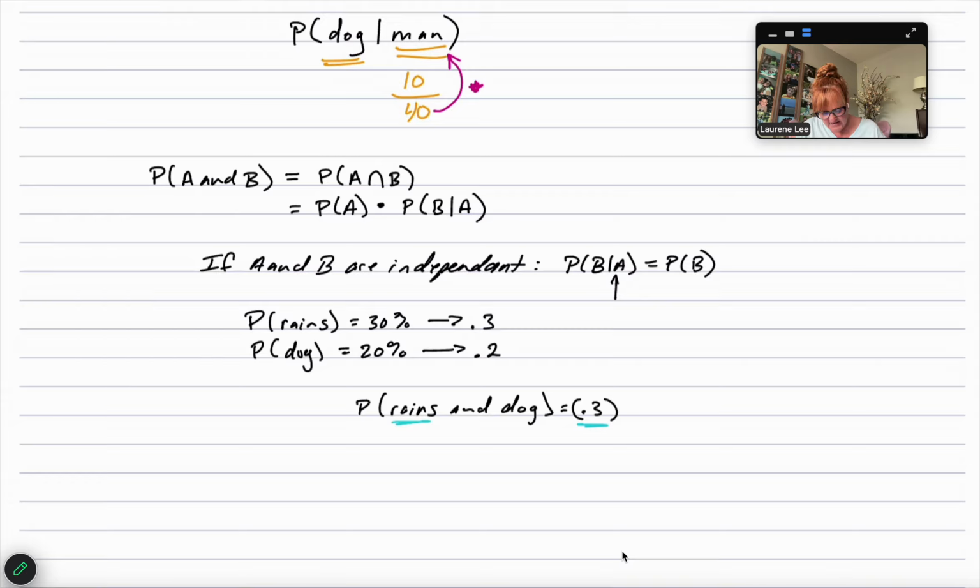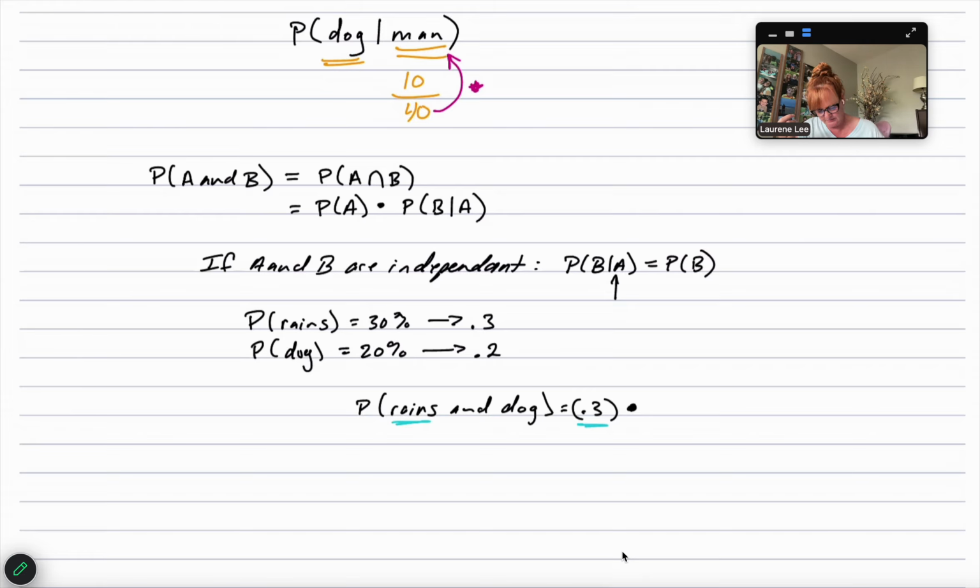And means times. That's the symbol for times, a dot. The probability of me owning a dog given that it rains. Now, if they're independent, the rain isn't influencing, it's not changing this percentage of owning a dog.